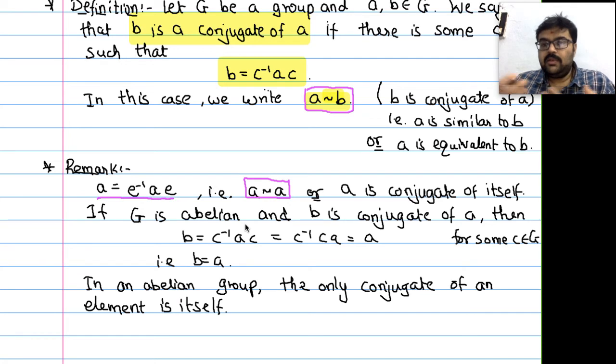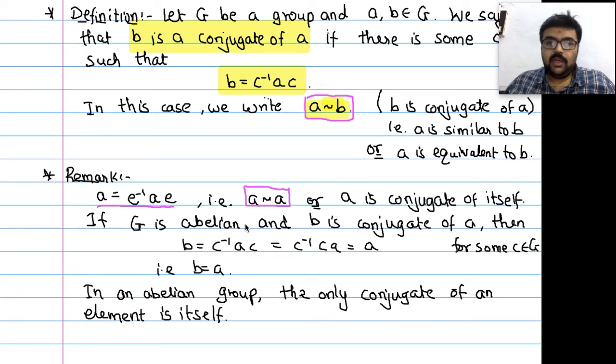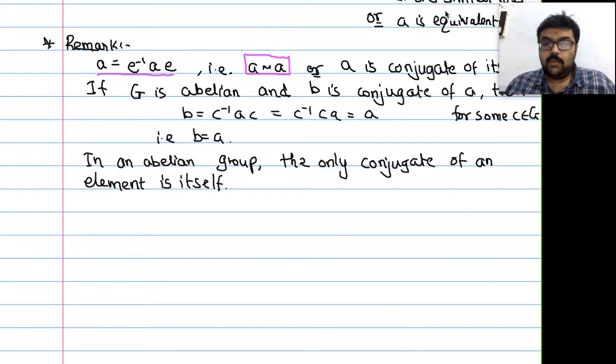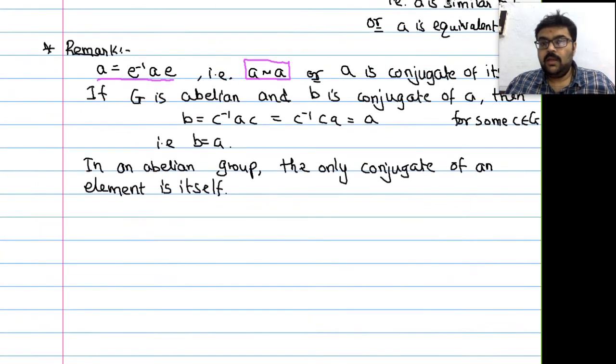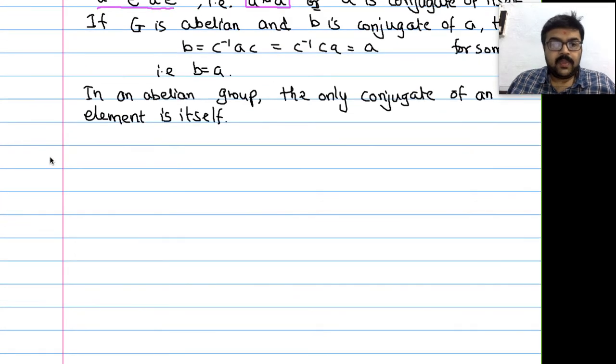We are relating two elements of a group. If B is a conjugate of A, then we say that A is related to B, or A tilde B, A sim B. That is a symbol which we use. Right? So next lemma.